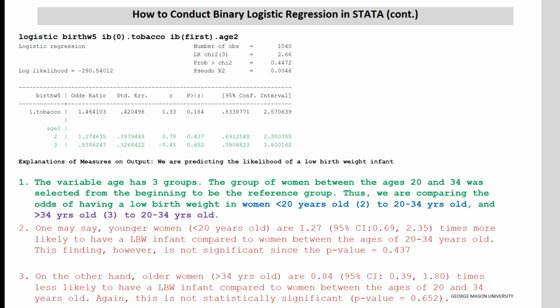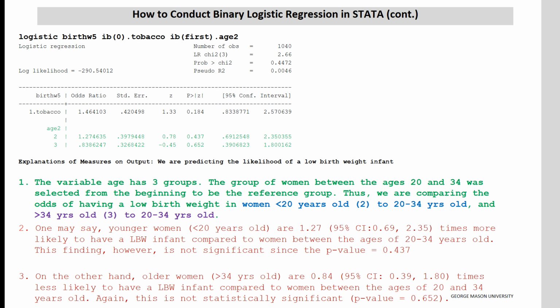This finding, however, is not significant since the p-value of 0.437 is larger than 0.05. The same can be concluded by just looking at the 95% confidence interval for this odds ratio, which goes from 0.69 to 2.35. And this confidence interval, as we can see, contains the value of 1.